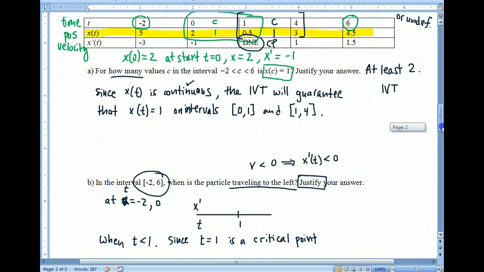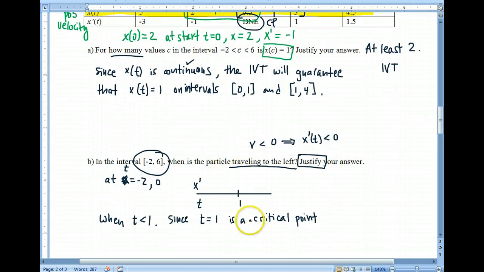How did we know that it was traveling to the left over here? Because we looked at a couple points of the velocity, so we need to point that out too. So since t equals 1 is a critical point, and so cite a few points as evidence. What are the 2 points that we cited as evidence? Negative 2 and 0. So we could say that.